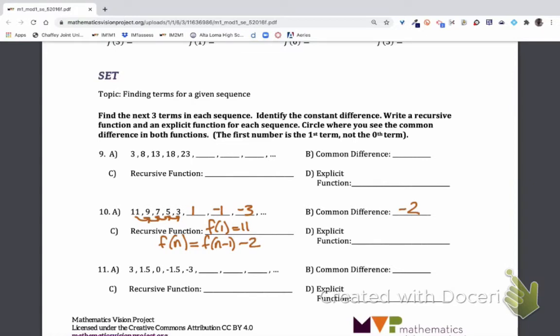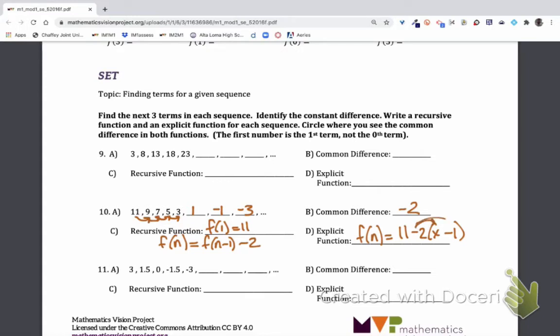For the explicit equation, we have f of n equals 11, which is our first value, plus, and in this case it's plus a -2, so instead of writing plus, I'll put -2 times x minus 1, which gives us our function that we can now simplify.